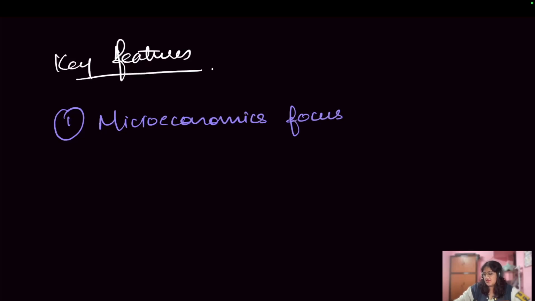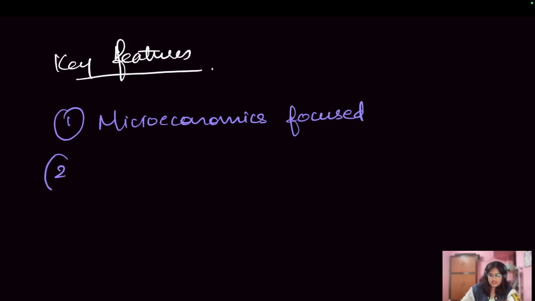The very first one is that it is microeconomics focused. So, like we said, managerial economics focuses on resolving an individual firm's issues. It mostly uses microeconomic tools like demand, supply, and cost analysis because the focus is on the individual firm.